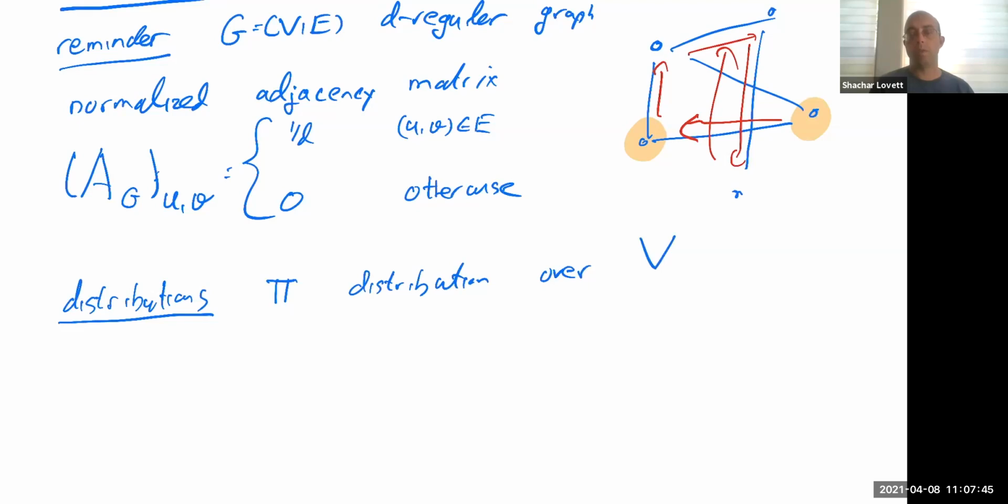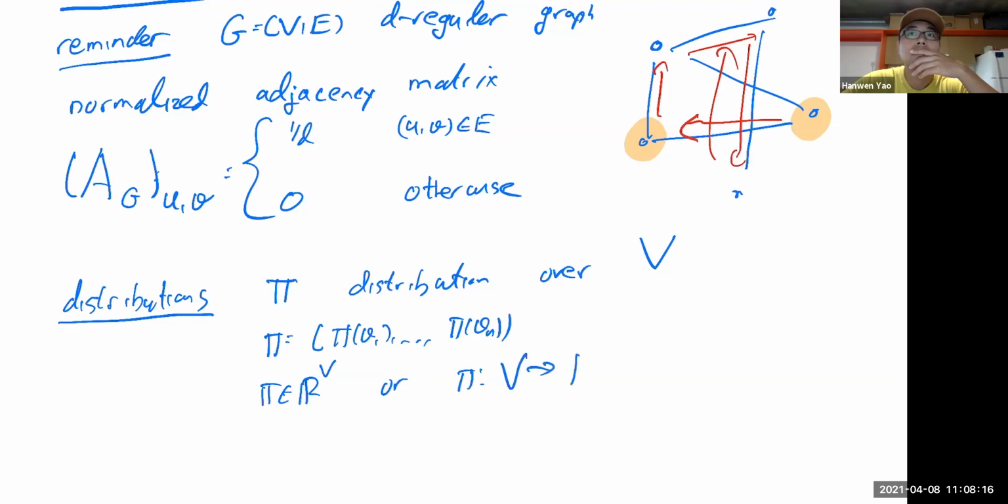Somebody was asking, do I think of it as a distribution or as a random variable? It doesn't really make a difference, but it's probably more convenient to think of it as a distribution, as a sequence of numbers given for every node, the probability you're going to be there at a specific point in time. So we can view this as a vector, pi of v1 through pi of vn, and we can view it either as a vector in R^V or as a function from V to R. They're both equivalent, but in some cases one is going to be more convenient than the other.